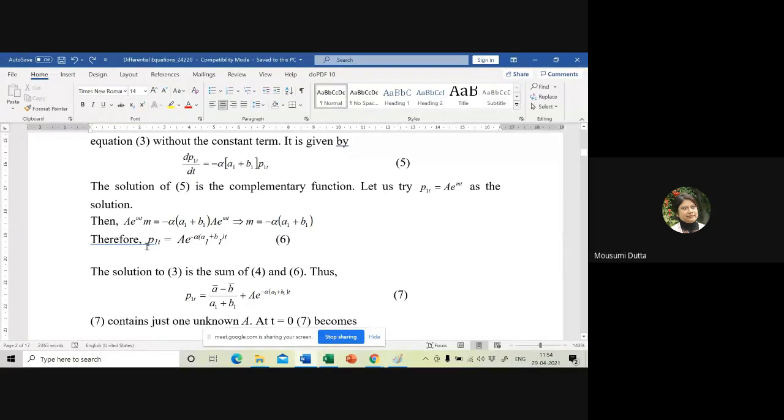Therefore, the trial solution can be rewritten as P1t is equal to a e to the power minus alpha into a1 plus b1 into t.